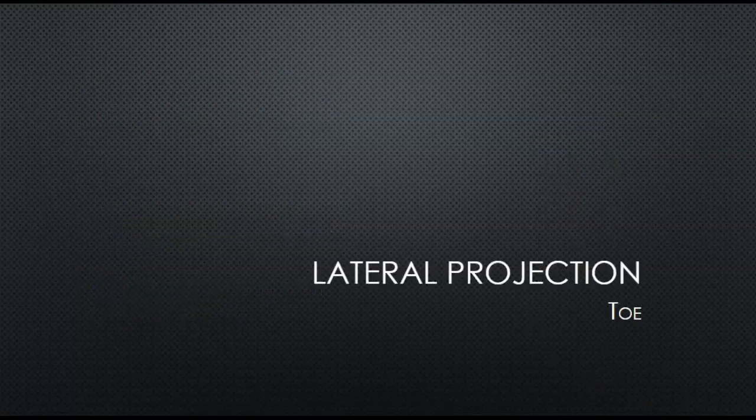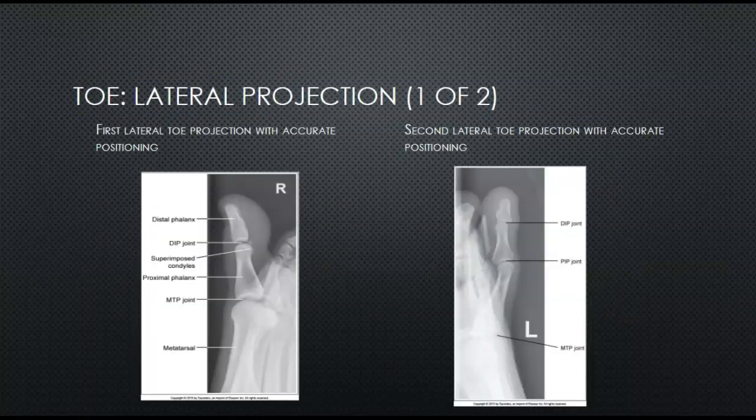Moving on to our lateral projection. Image analysis guidelines for the lateral projection state that the condyles of the proximal phalanx are to be superimposed. There should be no soft tissue or bony overlap from adjacent toes.